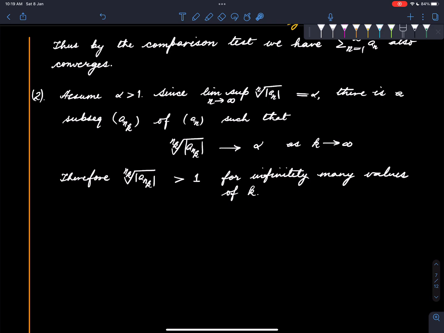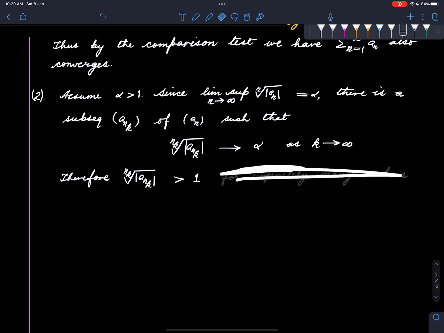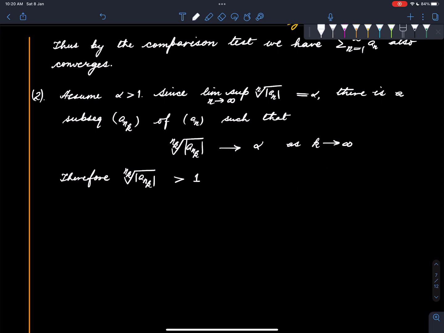So for infinitely many values of k, or I could just say ultimately over k, that's better, meaning for all large enough k's, this inequality happens.